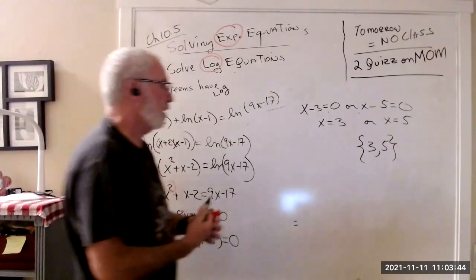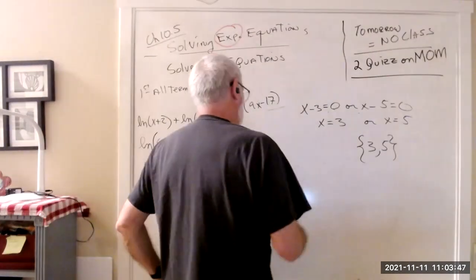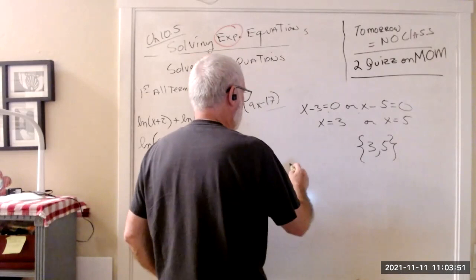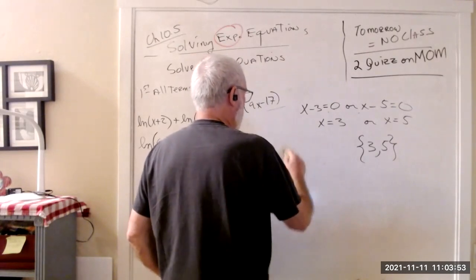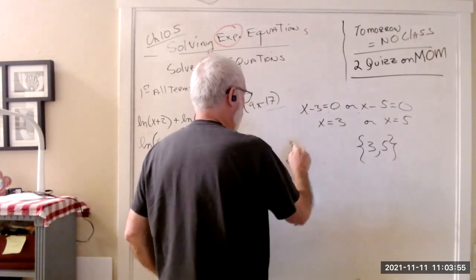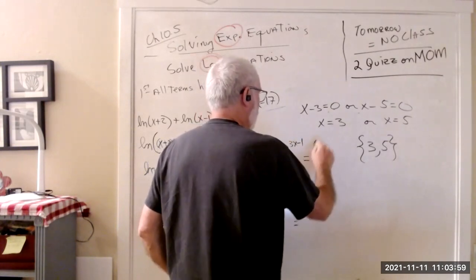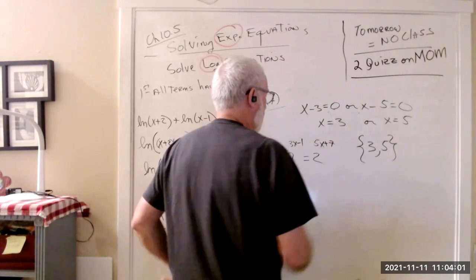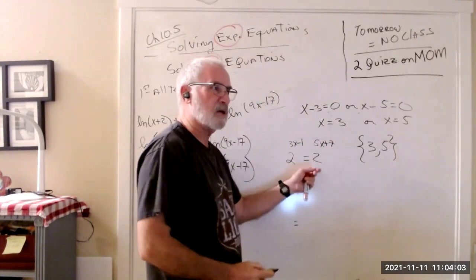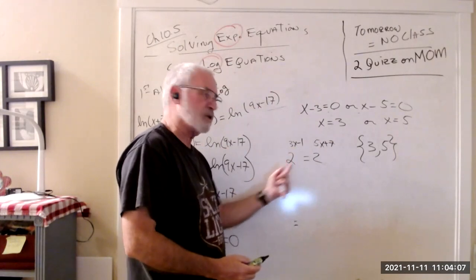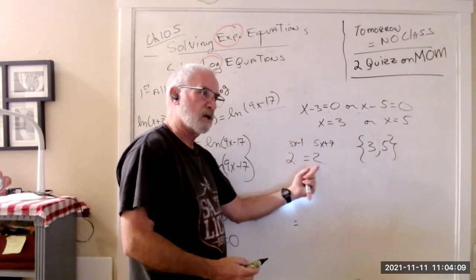Before I entertain questions, remember the same base problem? If you had 2 to the 3x minus 1 equals 2 to the 5x plus 7, remember when we were doing those same base equations, we worked it down to same base equals same base.